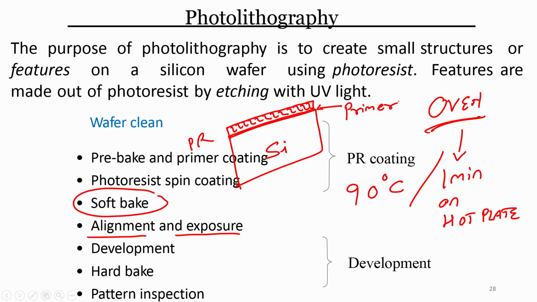After photoresist, I have to get a mask. Let us say this is a mask. We will talk about the mask and photoresist, how it will work depending on its type.